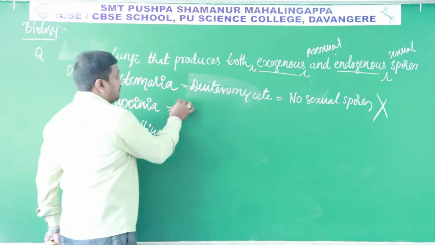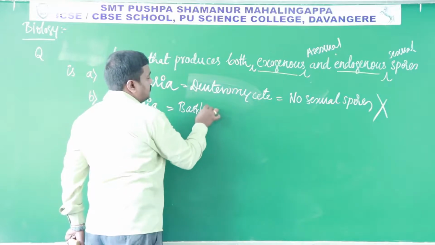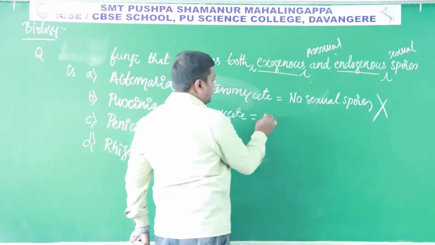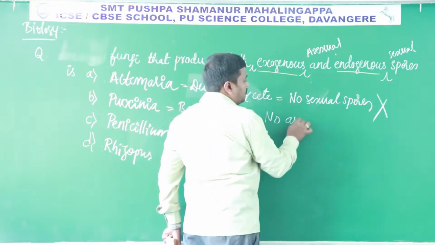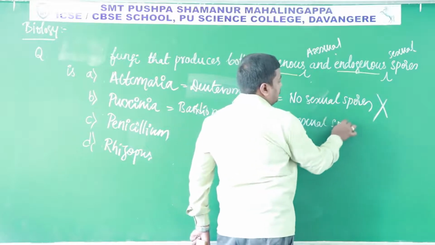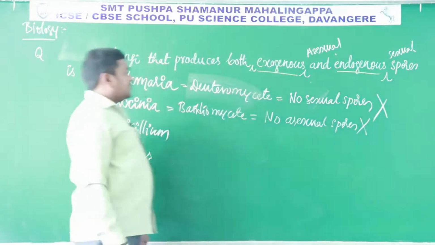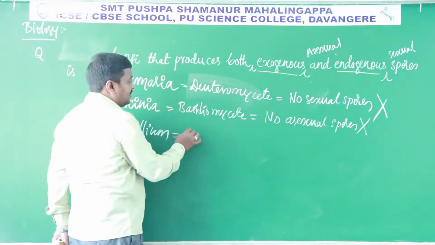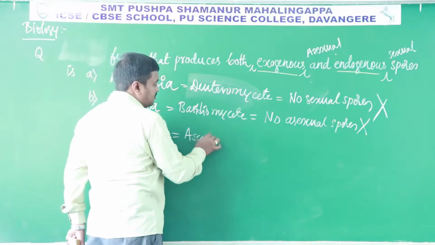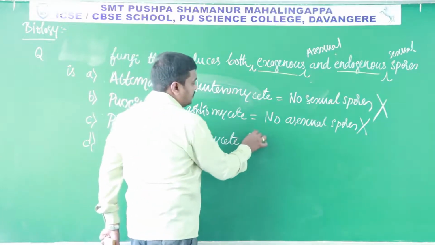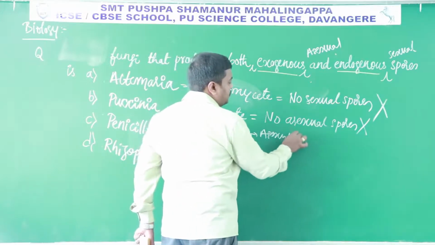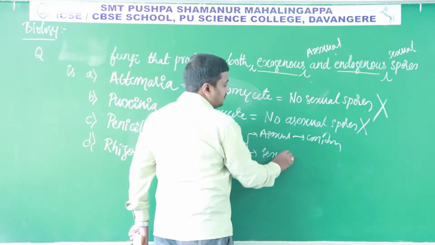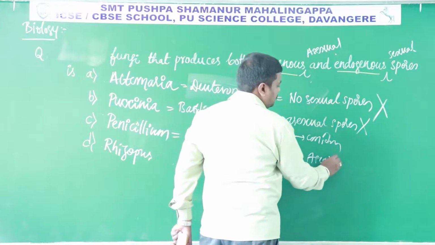Then Puccinia belongs to Basidiomycetes. In Basidiomycetes, no asexual spores. So it is not the right answer. Then come to Penicillium. Penicillium belongs to Ascomycetes. So Ascomycetes, for asexual, produce conidia, and in sexual they produce ascospores.